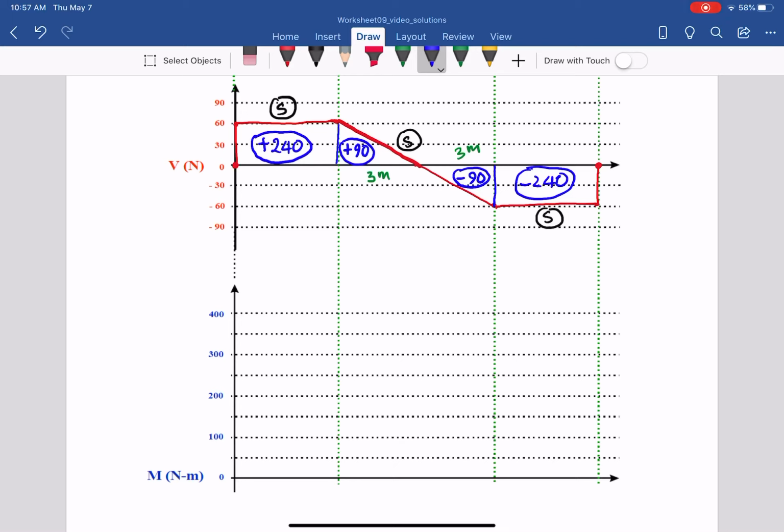Always start at 0, and go to 240. The shear is constant, so the slope will be a straight line in the moment.